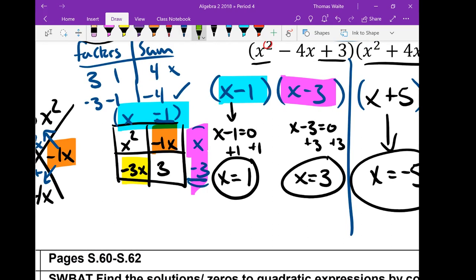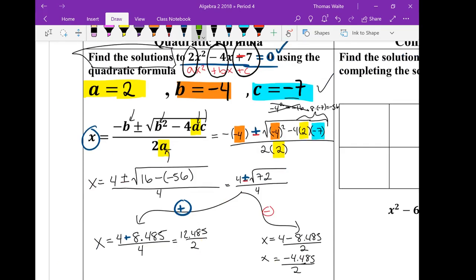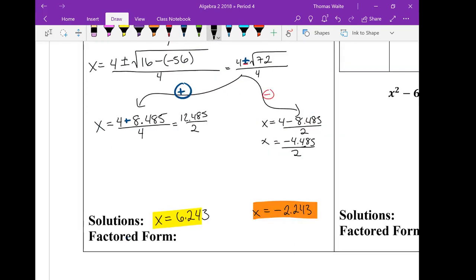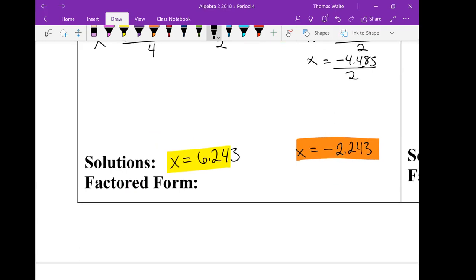It will be useful later on for us to see our quadratic written in a factored form, even with this decimal answer. So if we wanted to do that, this isn't necessary today, but it's just showing it to us for later on. Earlier when we had a plus, we had some factored form. We had like x plus 1 gave us the solution x equals negative 1. So what we're going to write down here is we're going to say we had some factor of x, and then it would be a minus this first solution, 6.243.